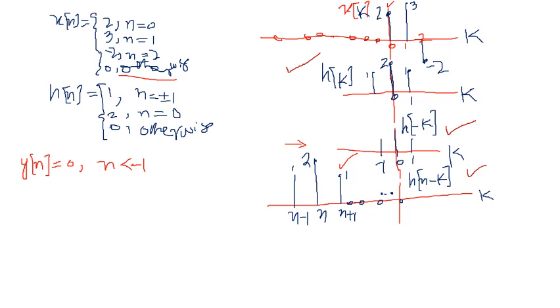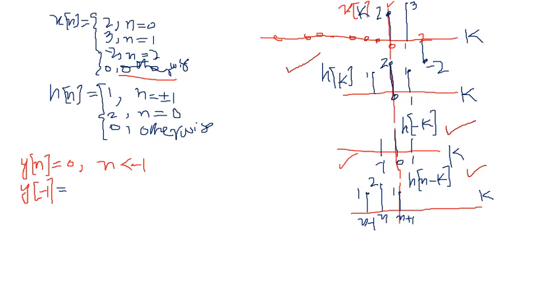Okay, so what will happen for n equals minus 1? That means y of minus 1. So let me draw the signal. I've shifted to this side. Now you see this is 0, this is 1, this is 2, and so on.